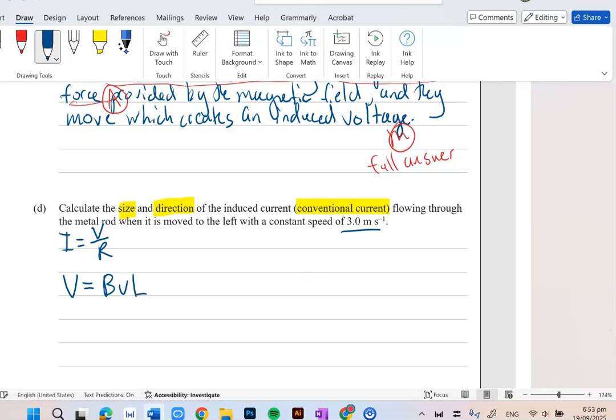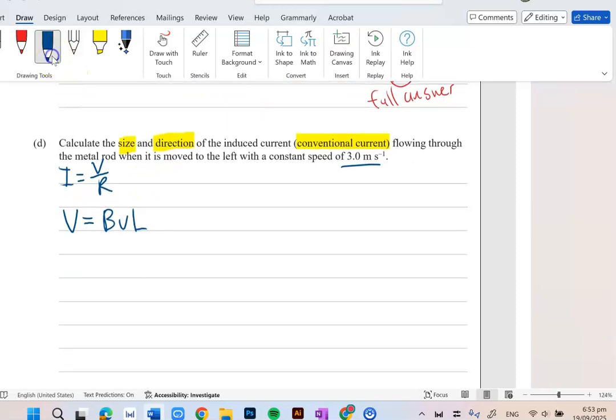Alright, so V equals our magnetic field strength, which is still going to be that 1.5 times 10 to the minus 3. Speed is 3. Right. Times 3. Times the length, which is still that 0.16.